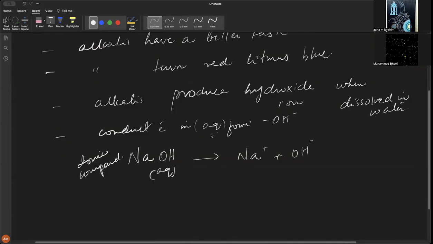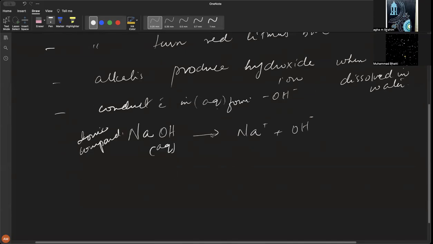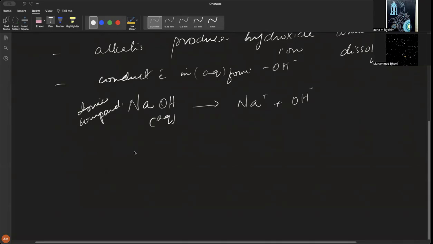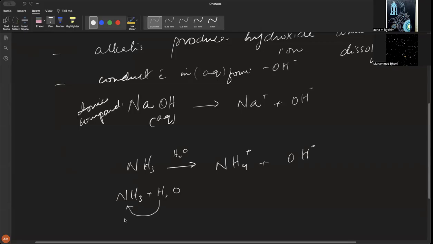All right. Similarly, when you dissolve NH3 in water H2O, basically what happens is that we have ammonium ion plus OH negative ion. The water that reacted with hydrogen H2O, basically one of the hydrogen breaks up and attaches to ammonia like this one.